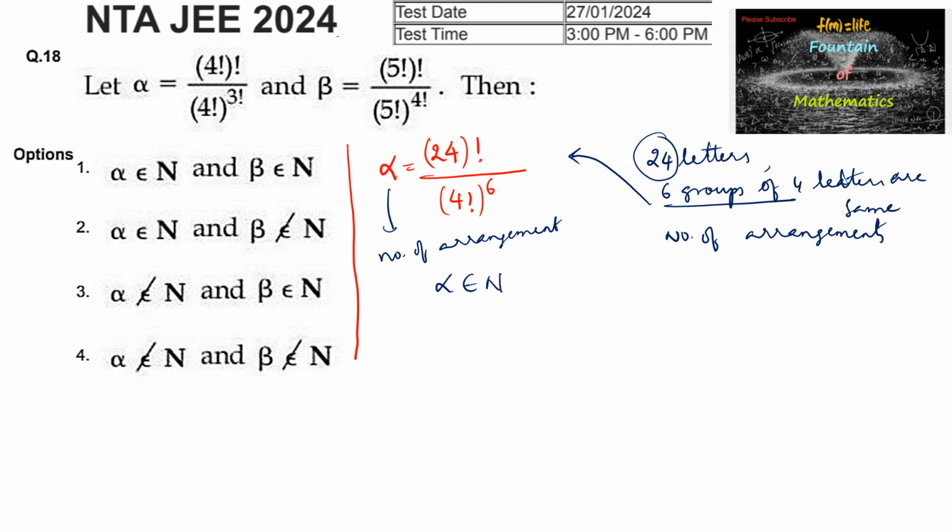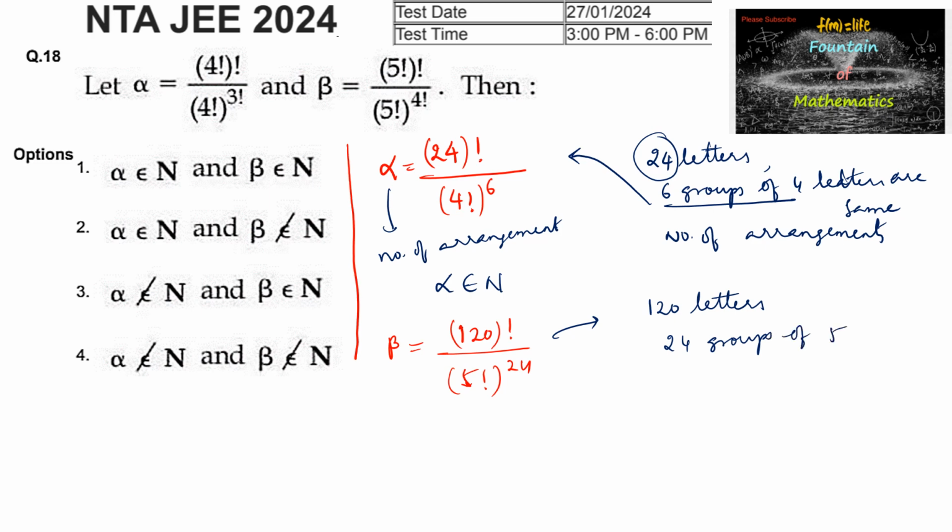And now coming to beta, beta is equal to 5 factorial, that is 120, whole factorial upon (5 factorial) to the power 24. So here also we can use the same application. Let us assume that 120 letters are there in which 24 groups of 5 letters are the same.